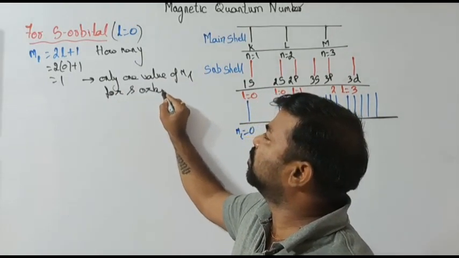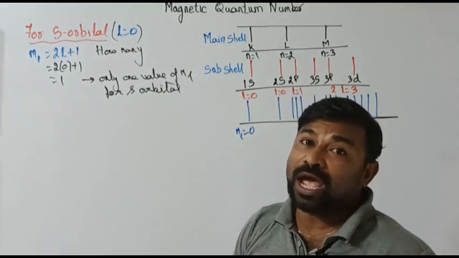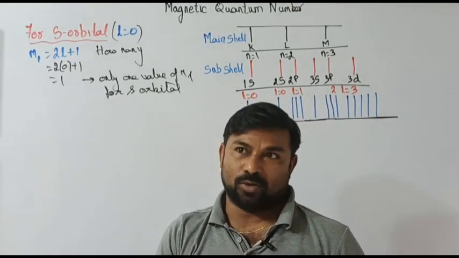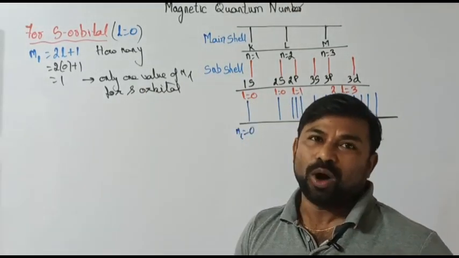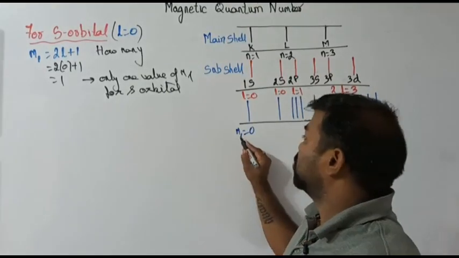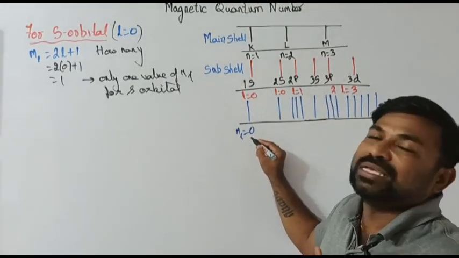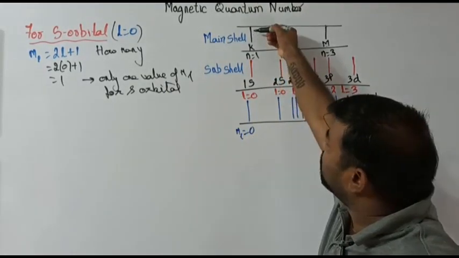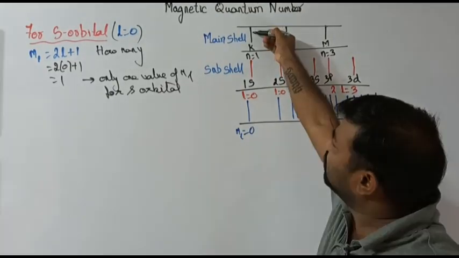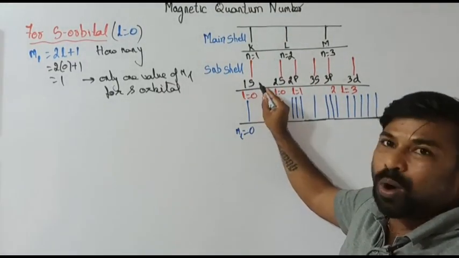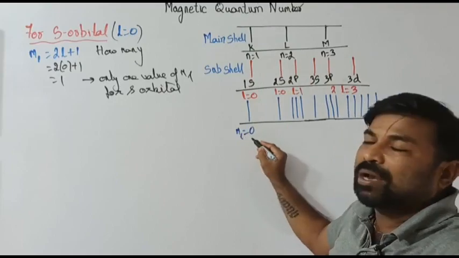You have to remember that. So we have only one ML value, and it is 0. In the first orbit, the K orbit, we have 1s, and for that 1s, ML value is 0.